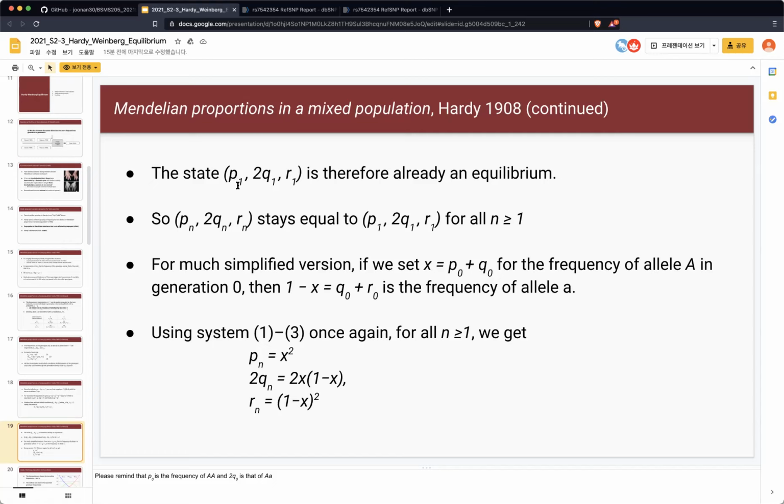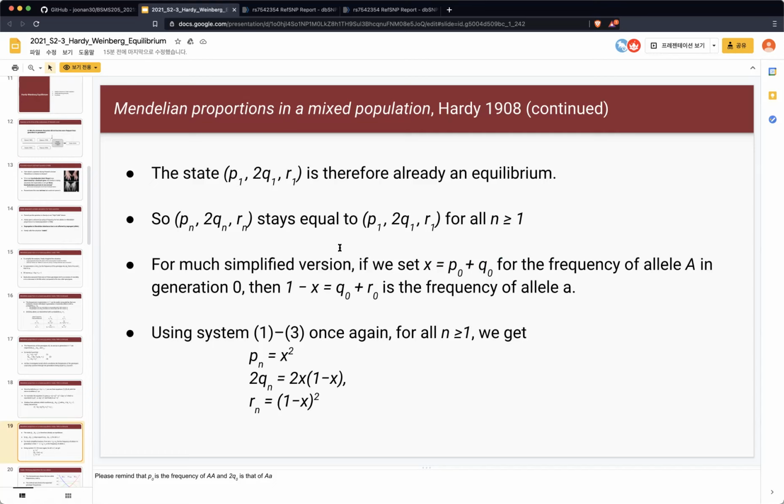Then, as we mentioned, whatever the generation, the 3 genotypes are equal to the initial generation or the second generation, and they never go above the sum, which is 1. Whatever the generation changes and grows, it has the same proportion in the population, right?